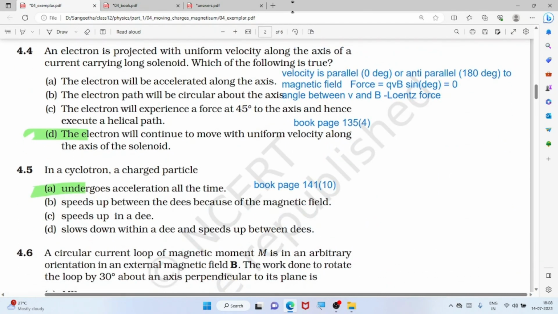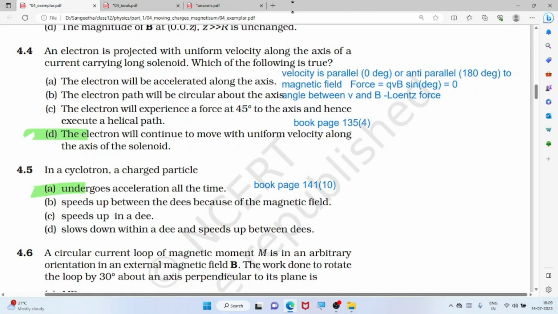An electron is projected with uniform velocity along the axis of a current carrying long solenoid. Which of the following is true? The magnetic field will be along the axis of the solenoid itself. Now the electron is projected also along the axis, so both are parallel.